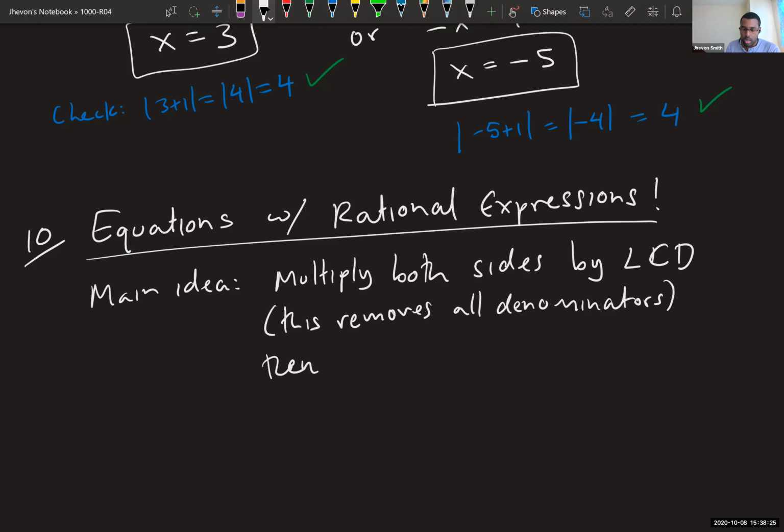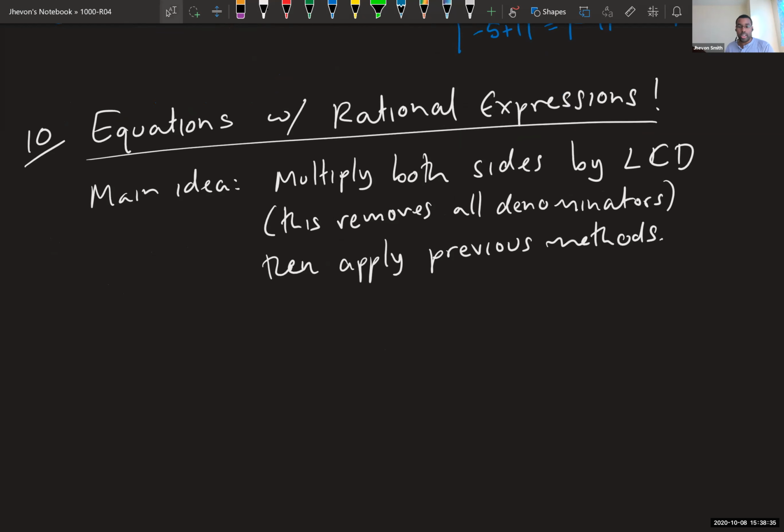Then apply previous methods. It's also important in this scenario to check your answers when done.